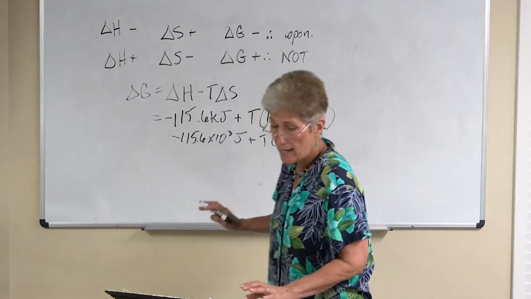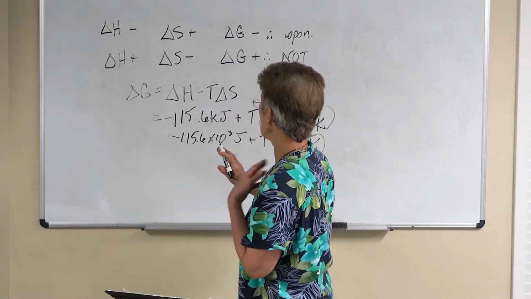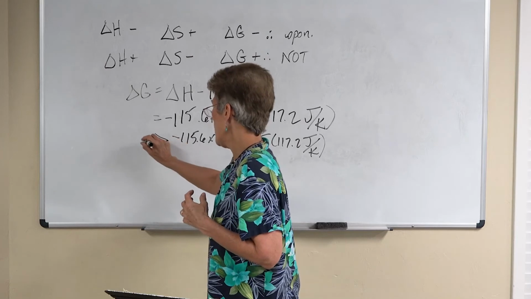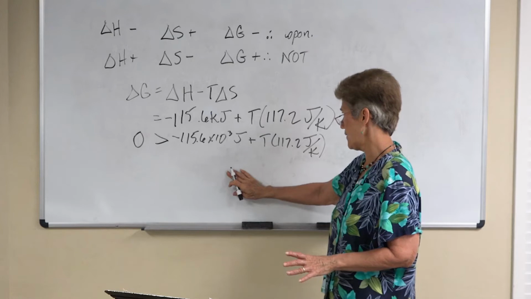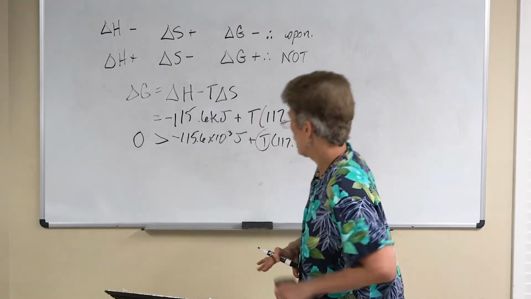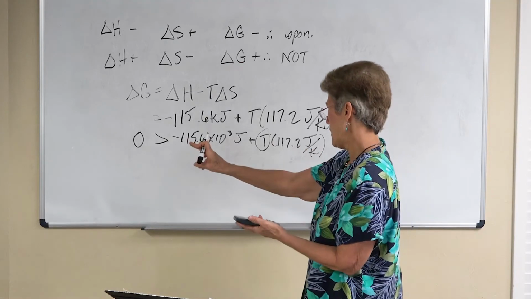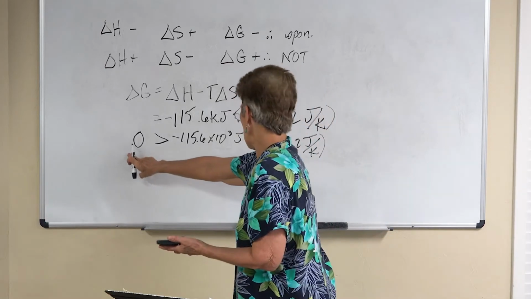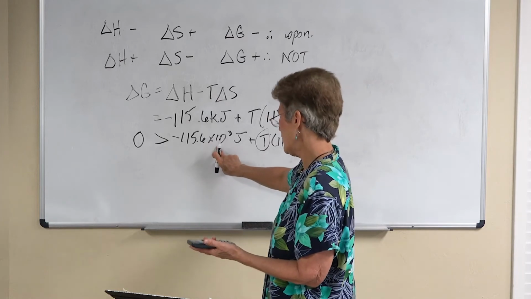Okay, and we know we want to make this spontaneous, and to be spontaneous it would have to be a negative number, so we're going to make this whole thing less than 0. That way we're going to make it spontaneous. So now we're solving for T. We want to leave that alone, and add this to both sides.